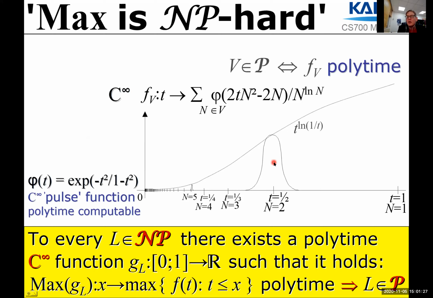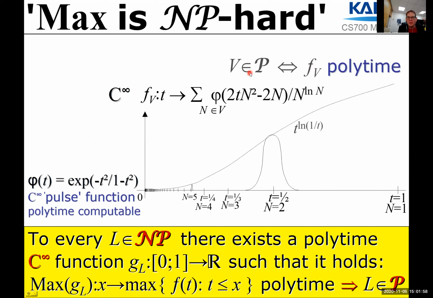That's the point. 2 to the minus logarithm capital N squared, which, since the logarithm corresponds to the binary precision parameter, is 2 to the minus n squared. And thus by approximately evaluating the function, we can detect whether the pulse is present or not, and thus recover whether the input capital N belongs to the set V or not.